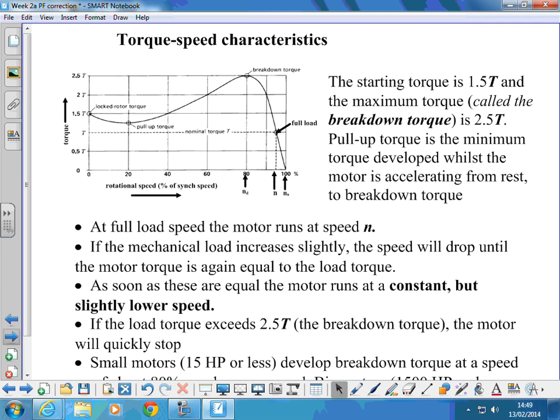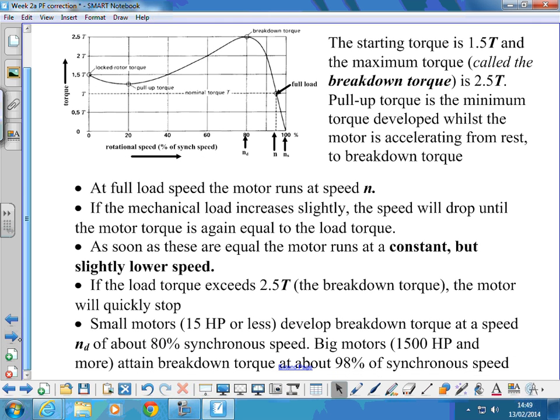At full load speed, the motor runs at speed N. If the mechanical load increases slightly, the motor speed will drop until the motor torque is again equal to the torque of the load. As soon as these are equal, the motor runs at a constant but slightly slower speed. If the load torque exceeds 2.5 T, breakdown torque, the motor will quickly stop.